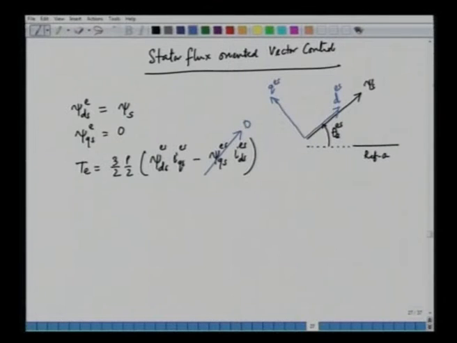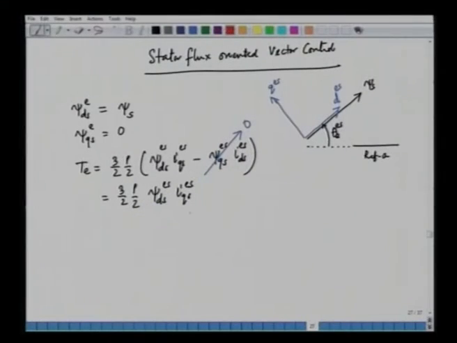So, we can write this equation as 3 by 2 into P by 2 into psi ds Es into I qs Es, and this also resembles the torque equation of a DC machine. So, this equation has only two variables, psi ds and I qs. We can keep psi ds constant, as we have seen in the case of air gap flux orientation, and change IQS to control the torque.